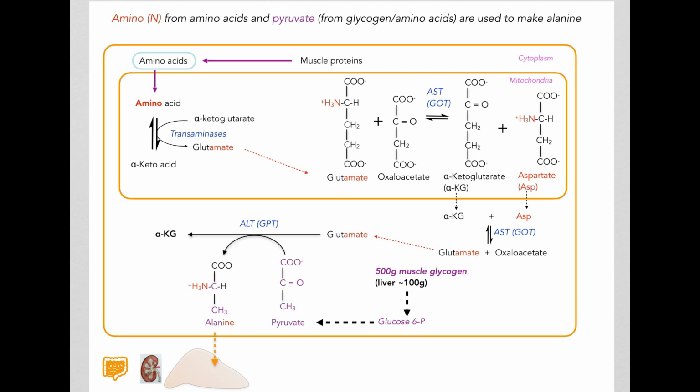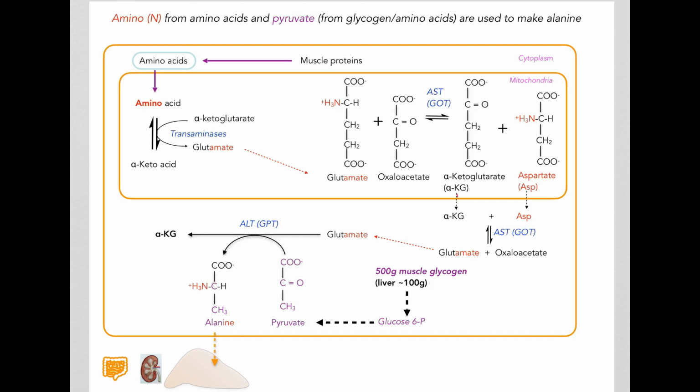In this reaction, the amino group from the glutamate is transferred now to the alpha keto acid oxaloacetate, and the oxaloacetate will now become aspartate. So you can see the amino group joined to the oxaloacetate to form the new amino acid aspartate. Glutamate, after it loses its amino group, will become alpha ketoglutarate.